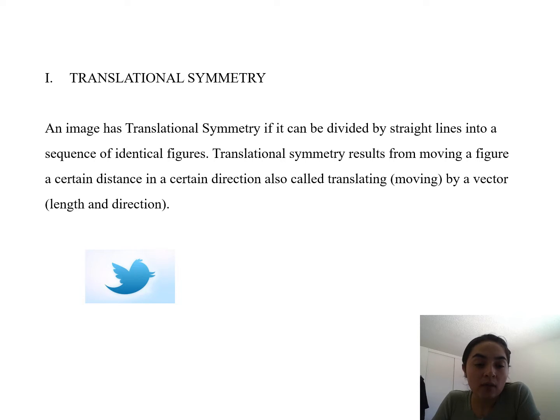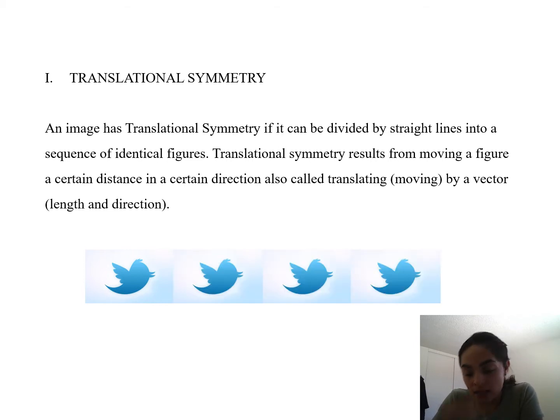So if we think about this image here of the bird, or even you can think of it as atoms, you would get the same image or the same atom, the same motif, but repeated along a different direction or a different position, either in a 2D or a 3D space. In this case, we show this example of a motif of a bird being translated, moved along a line and repeated.